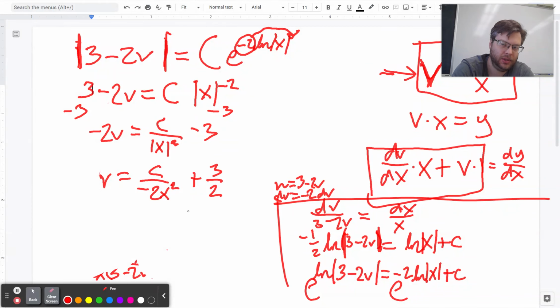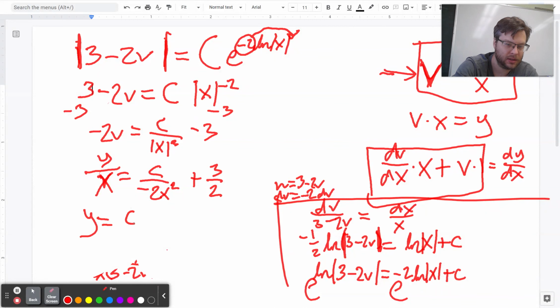And then recall at the very beginning we said v is equal to y over x. So I'm just going to make that v into y over x and then multiply both sides by x to get y equals c over negative 2x, just canceling one of the x's there, plus 3 over 2x.